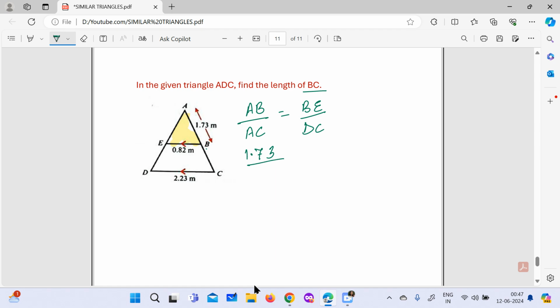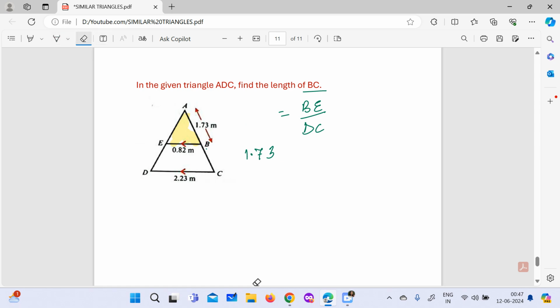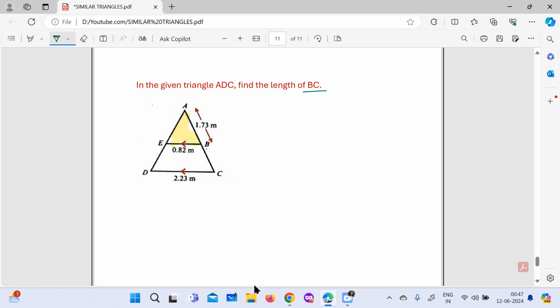So AB is 1.73. Okay, and AC. No, I will change it. I will write it in a different way. It's all the same, but still I will change. I will write it this way: AB upon BE is equal to AC upon DC.